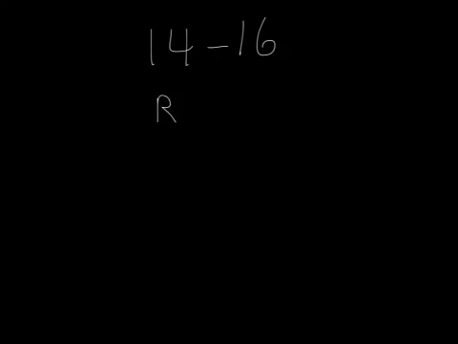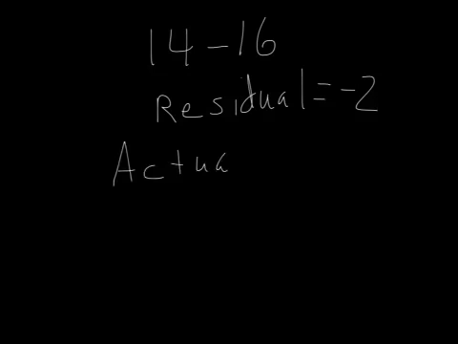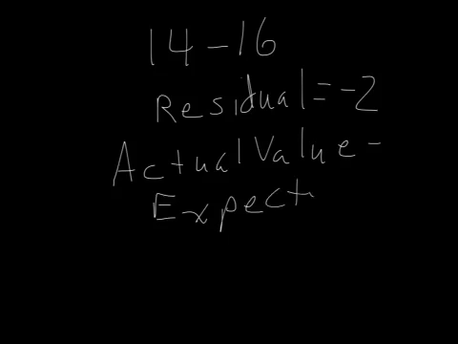So the residual is going to be the difference between these two numbers. So it's going to be 14 minus 16, which is negative 2. So my residual for this is negative 2. In order to find the residual, you have to first have the actual value, and then from the actual value, you need to subtract your expected value.